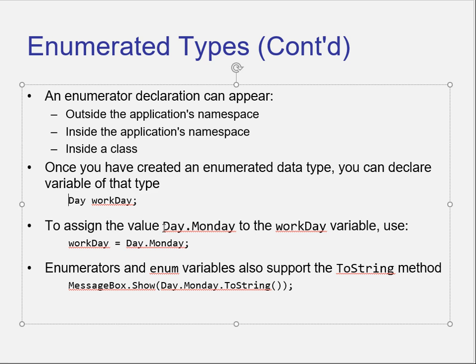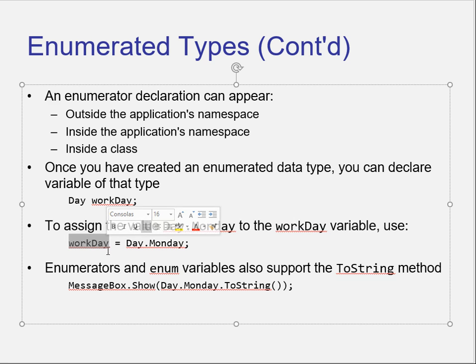To assign the value to the variable, we simply type in the enum type that we just declared, and then the actual value, in this case for the first one, Monday, and that would give you the workDay.